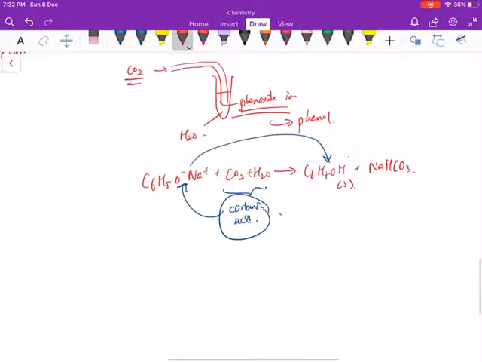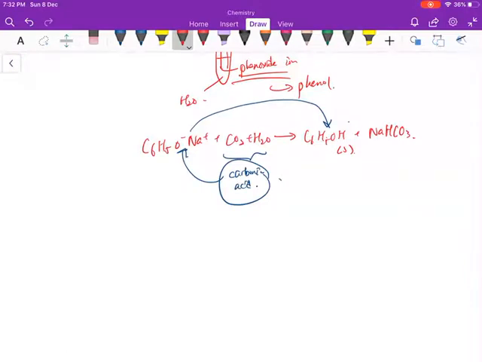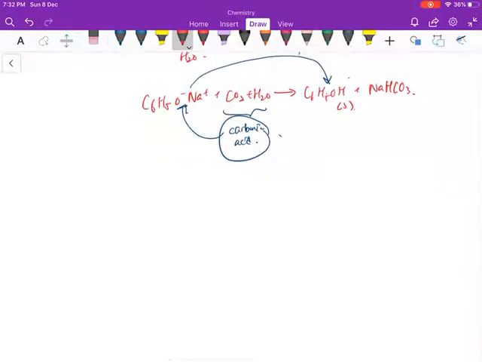That signifies that if we want to react phenol with sodium carbonate, the reaction doesn't work because phenol is not strong enough to displace sodium carbonate.